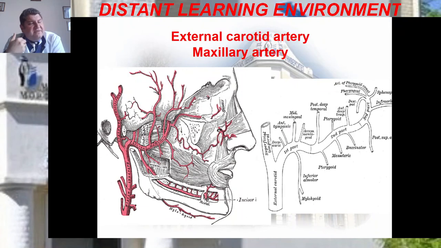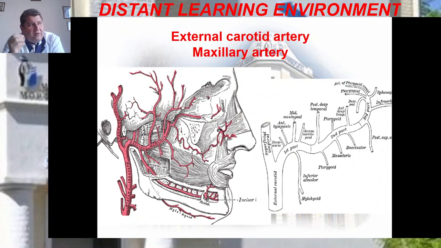Next, there are three posterior or back arteries of the external carotid artery: the sternocleidomastoid artery, occipital artery, and posterior auricular artery. And at last, three middle arteries.